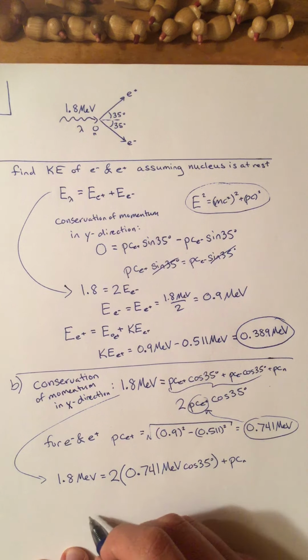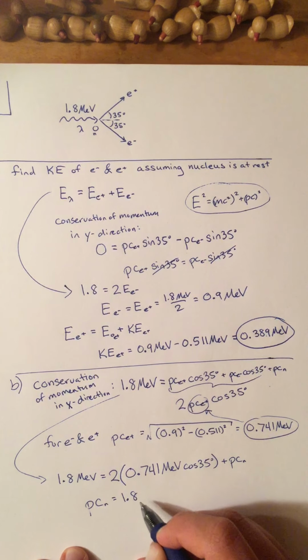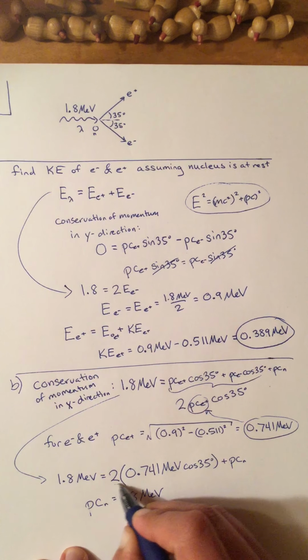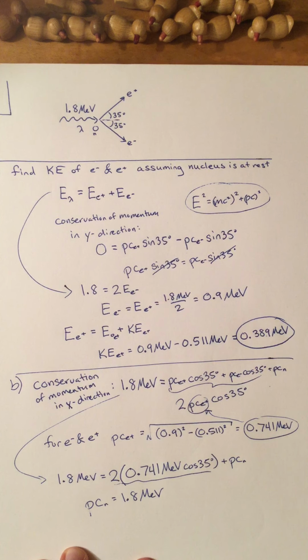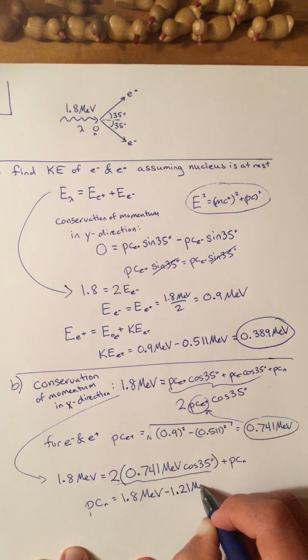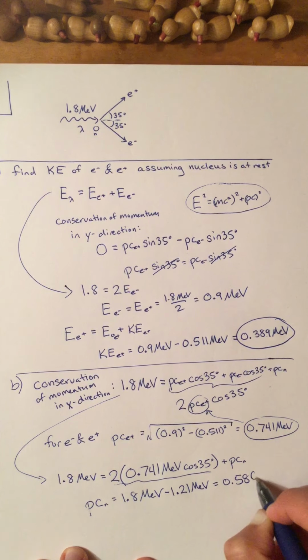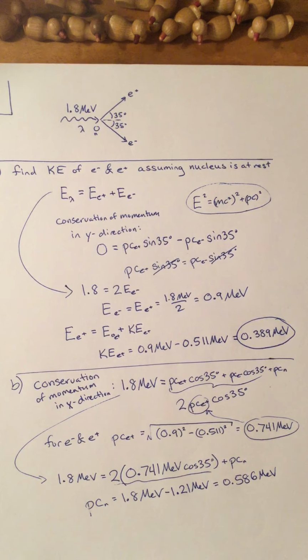So the momentum for the nucleus is equal to 1.8 mega electron volts minus this, which is 1.21 mega electron volts. So that gives me 0.586 mega electron volts for the momentum for the nucleus.